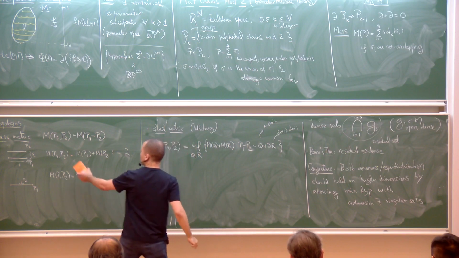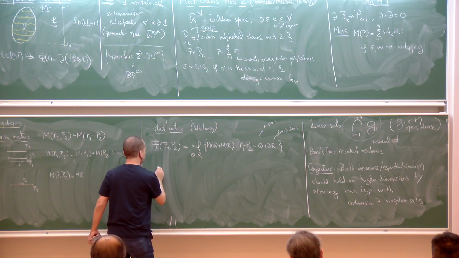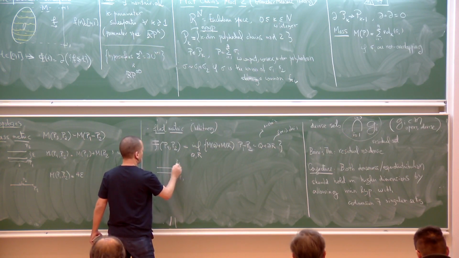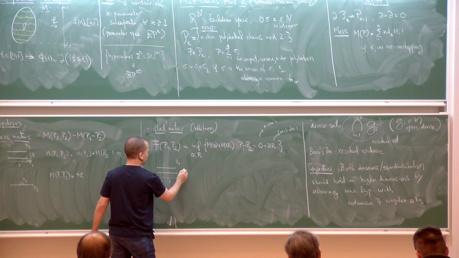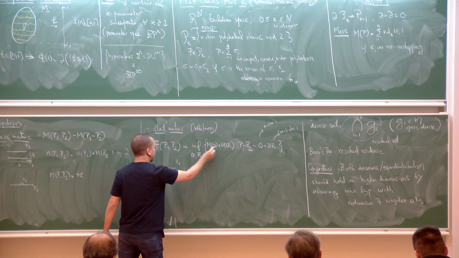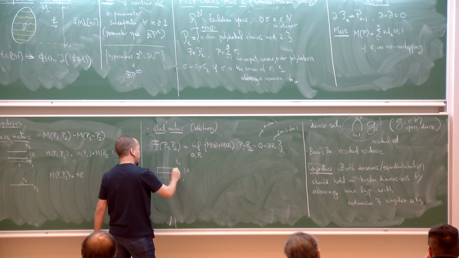So let's see example number 1. If I have, again, two intervals, P1 and P2, of size 1 and with distance epsilon. What I can do is define Q to be these two vertical guys.